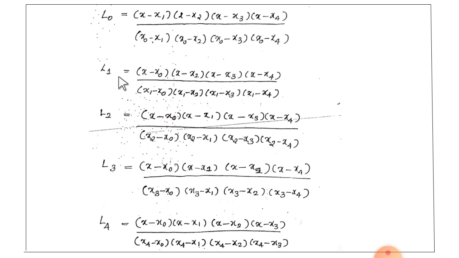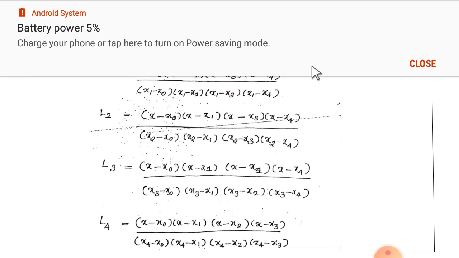Similarly, in case of L1, it will be (x minus x0)(x minus x2)(x minus x3)(x minus x4) divided by (x1 minus x0)(x1 minus x2)(x1 minus x3)(x1 minus x4). Similarly, you can write L2, L3 and L4.